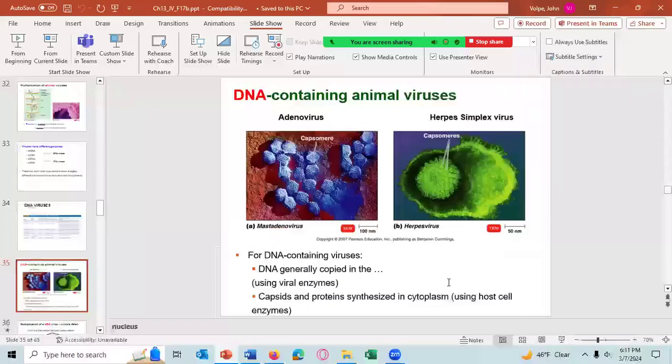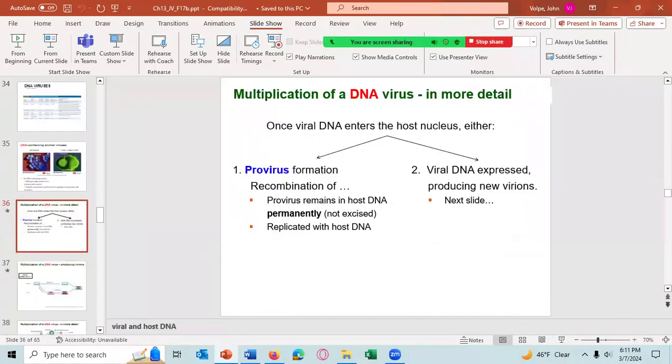Some DNA containing animal viruses. The DNA animal viruses generally replicate in the nucleus. Capsid proteins for a DNA animal virus are synthesized in the cytoplasm using host cell enzymes and ribosomes, as well as host cell tRNAs. Once the DNA animal virus enters the host cell, one of 2 things can happen.